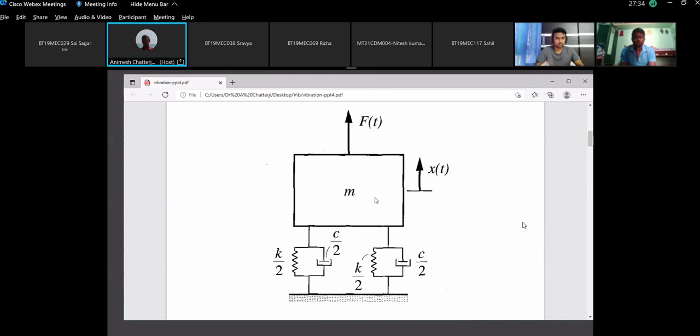So I have a machine. Now, why should I go for this isolator in between? A machine, we can fix directly on the ground with 4 bolts. We don't do it in industry. Whenever we have to fix a machine on the floor, we put an isolator between the machine and the floor.